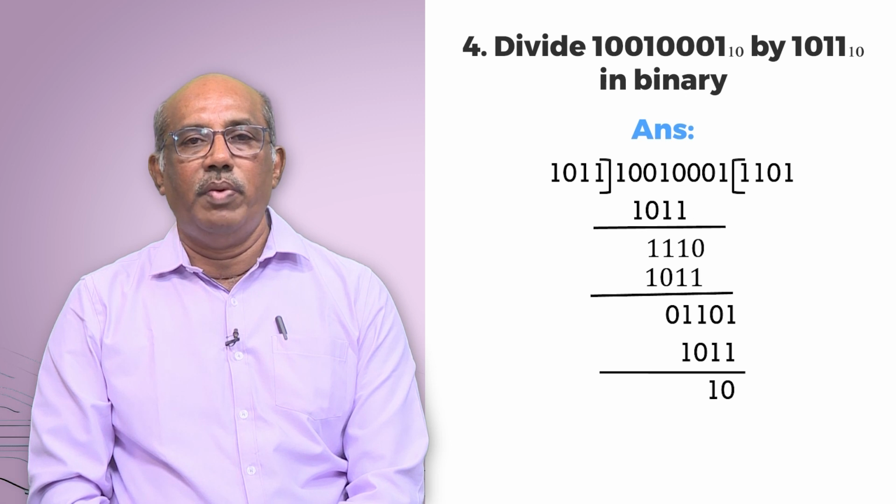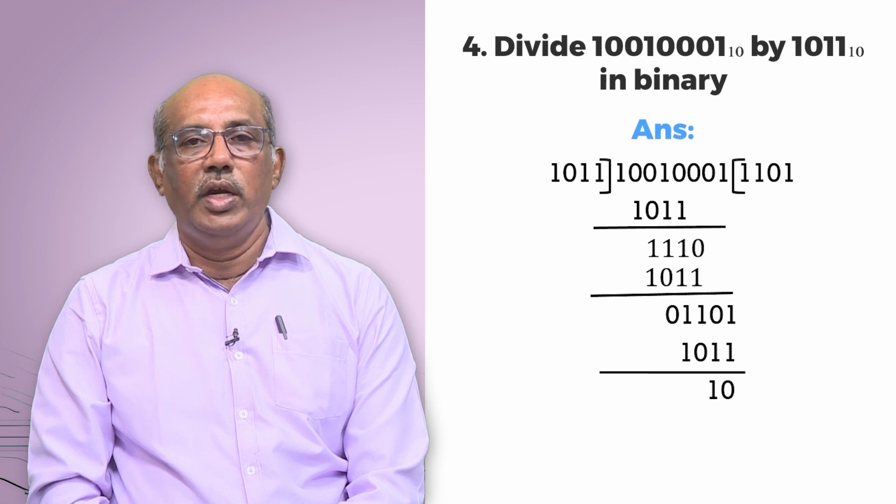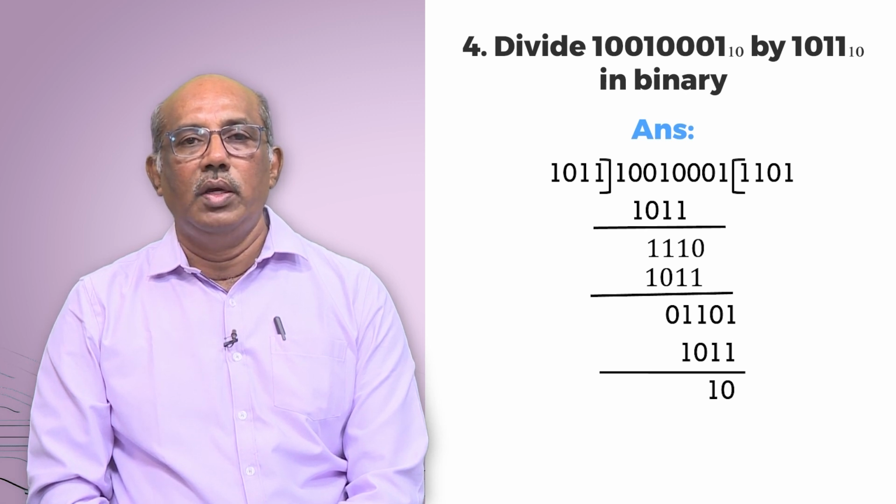Go for the binary subtraction and again multiply the divisor by 1. So, you get 1001, subtract it, you get 01101. You have taken 01 from the dividend. So, you have to put a 0 here and again multiply, that is 1011 you will get, and the remainder you observe is coming to 10.